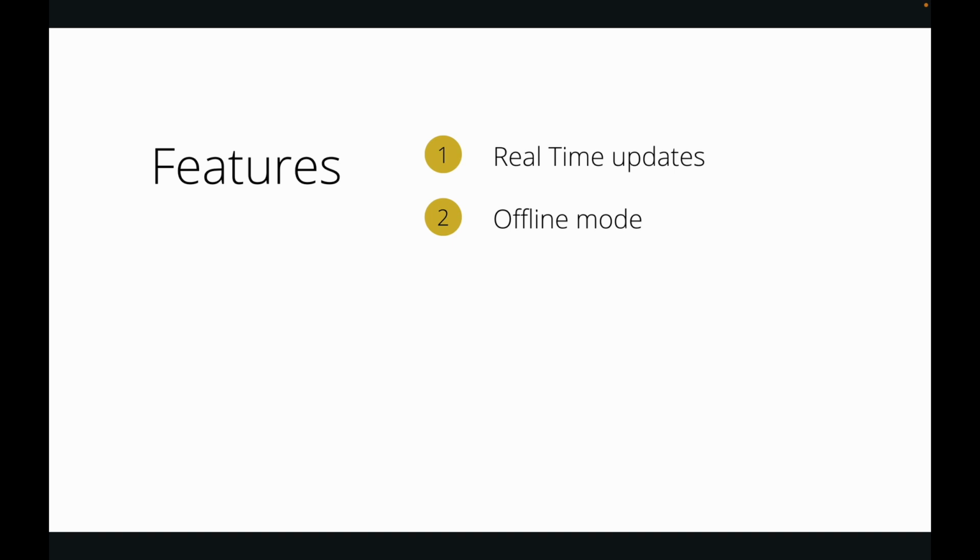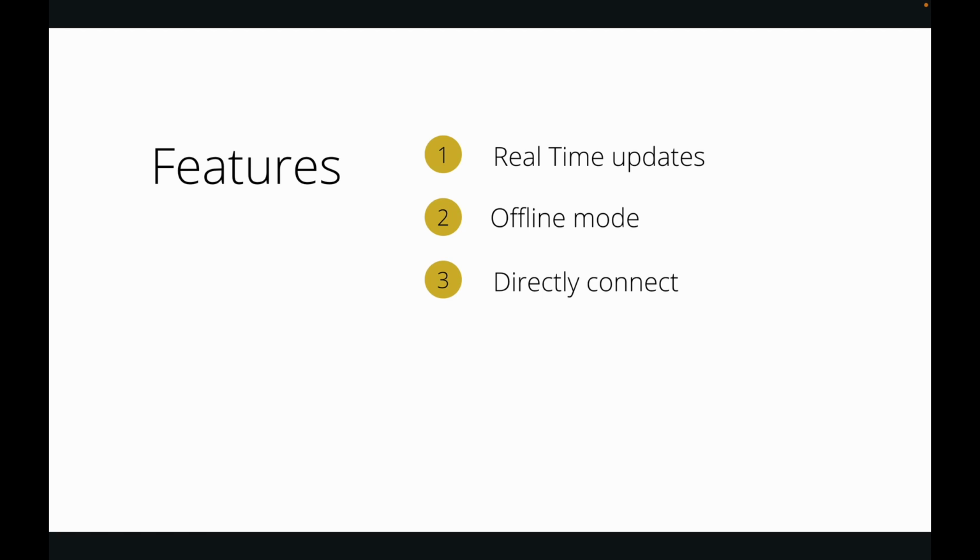If a user updates their profile and there is no internet, then whenever the user comes online, the changes will be completed in the database. The third one is direct connection. To connect your database to the front end, you don't need any backend. You can directly use the predefined functions to connect the front end with the database.